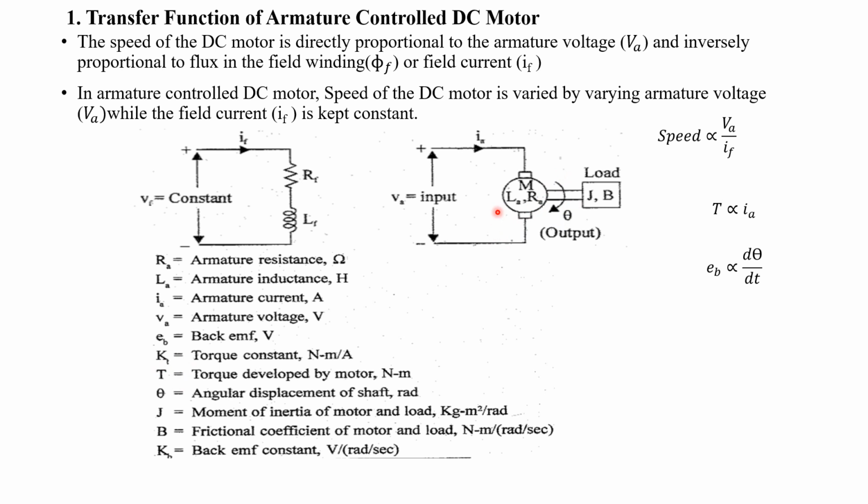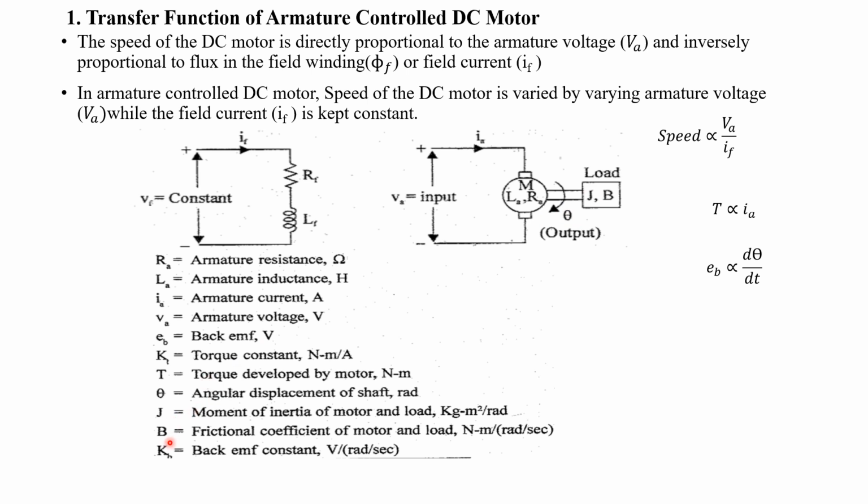When the motor rotates there is a development of torque, represented by capital T. Then when we connect this torque to this mechanical load, it will also rotate in the same direction, that is the angular displacement theta. And this mechanical load will be modeled using moment of inertia of mass J as well as damping part B.